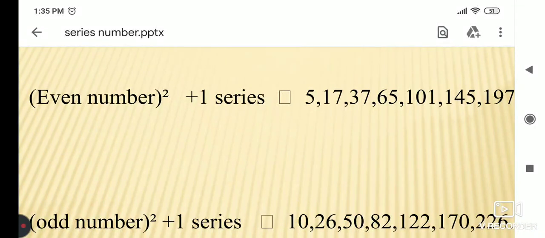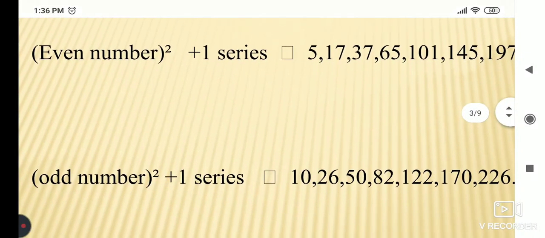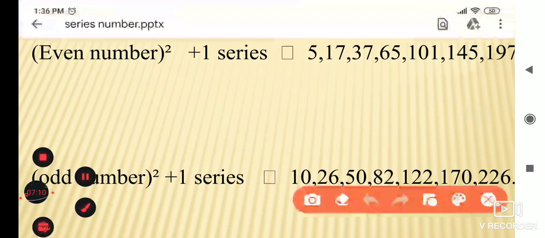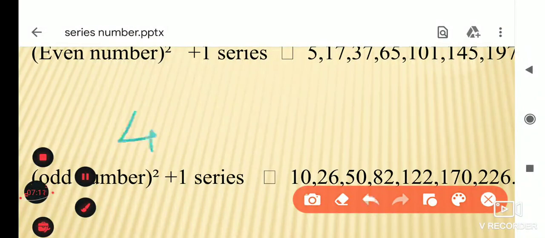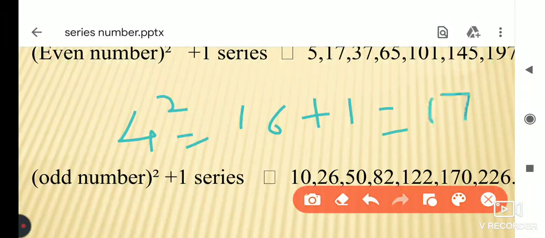The second number is 17. The next even number after 2 is 4. So 4 square is equal to 16, then we add plus 1, so the answer comes 17, the second number.